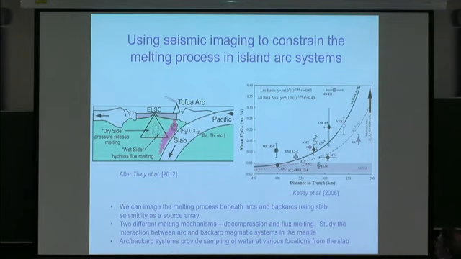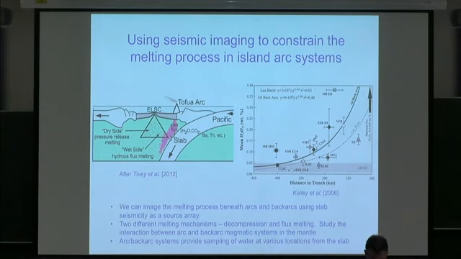Because spreading centers at different distances from the arc are sampling different areas of the mantle, we can infer that the closer we are to the slab, the higher the water content in the mantle source material, and thus we can study the influence of water on the melting process.